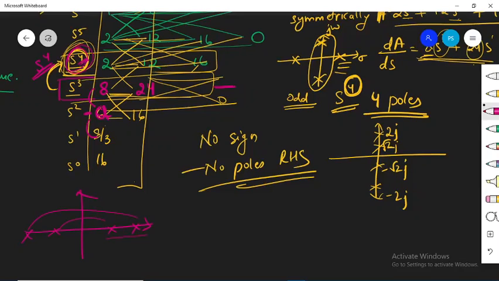So if two poles belong to the right hand side, other two poles will be symmetrically placed along the y axis. That is how the system will look like.